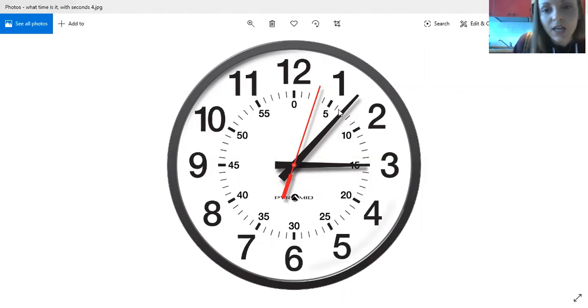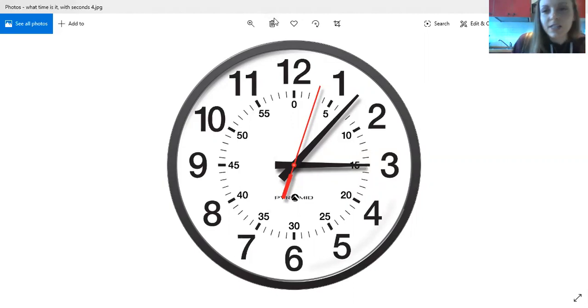So you see the long line is on 7. So it's 7 past 3. Okay, and where do you think the red line is? It is on the second, 8, between 12 and 1. Okay, good.